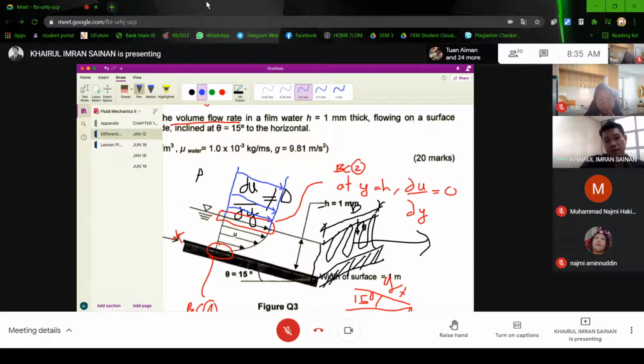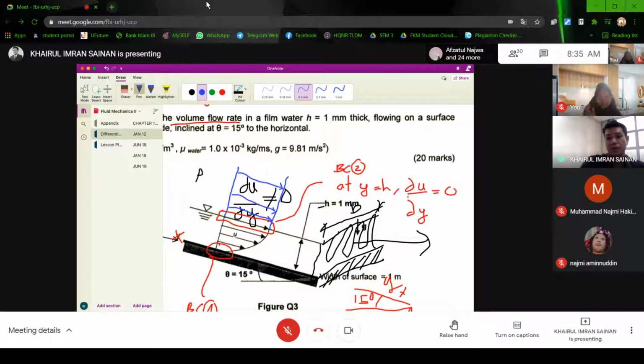So at this point, the change of u towards y becomes 0, because if we continue to the top, there is no change.